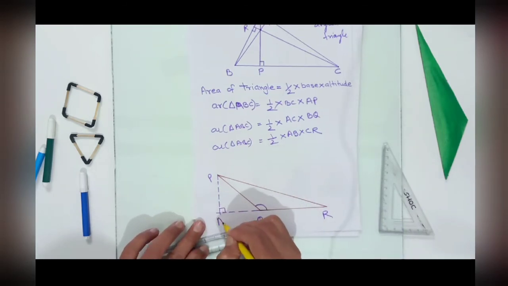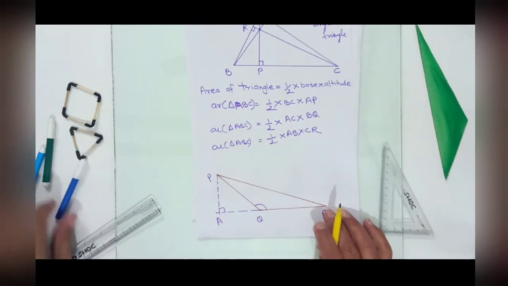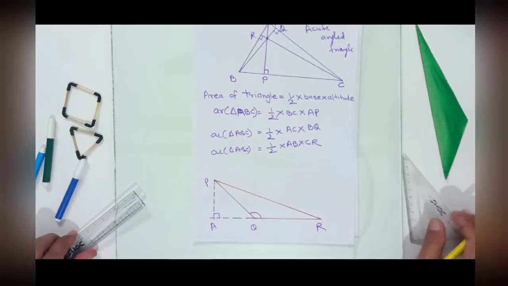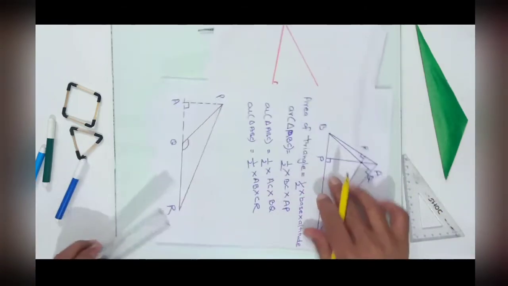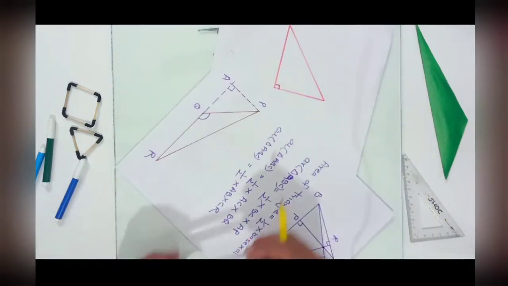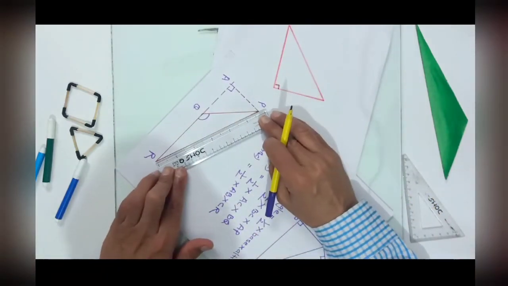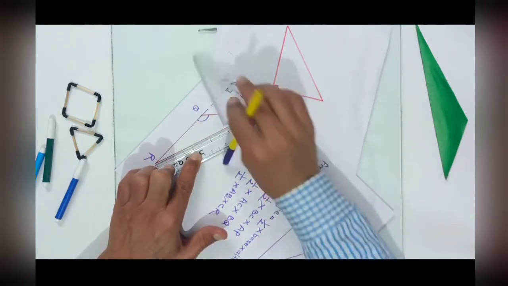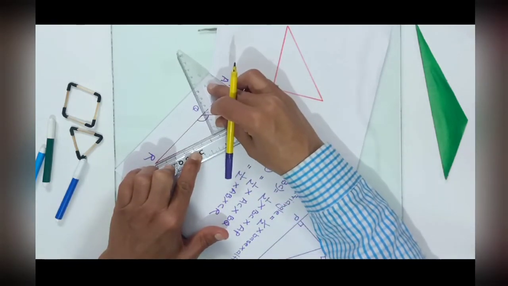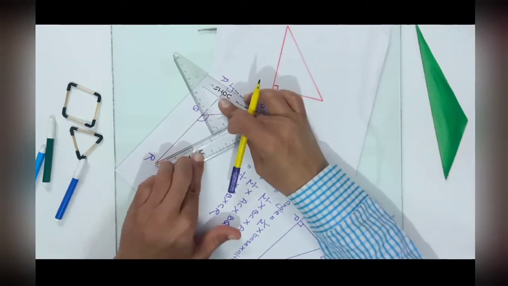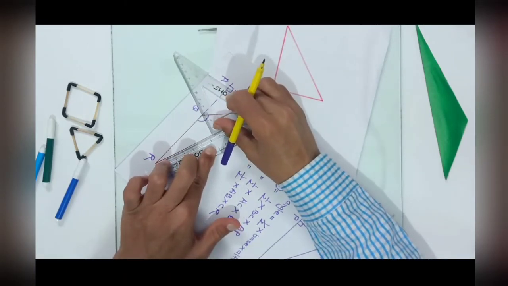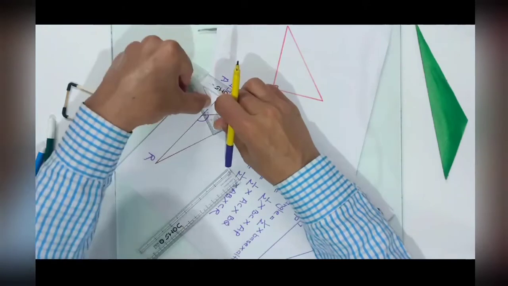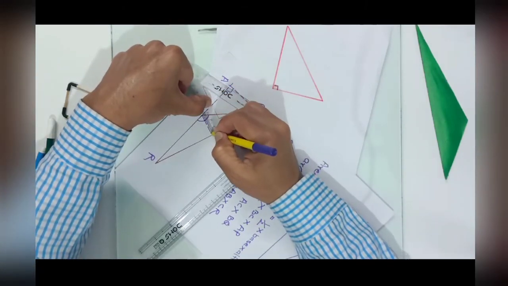Suppose it is PA. Now if I draw a perpendicular from Q to the base PR, again I coincide this scale with PR and draw a perpendicular from Q to this base PR. So here is the perpendicular.